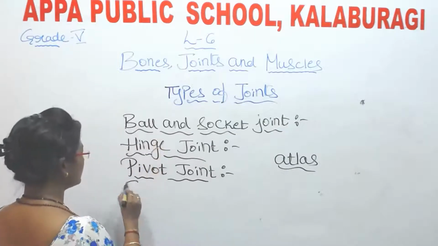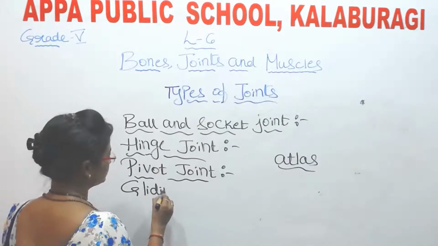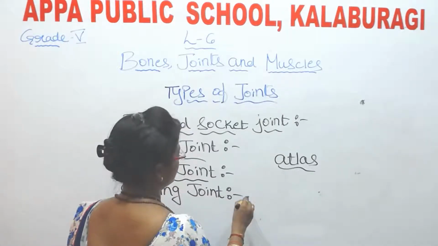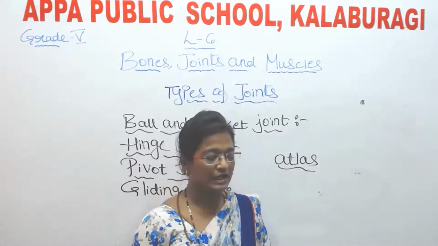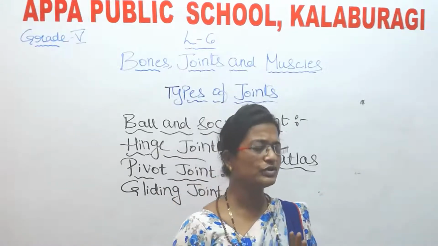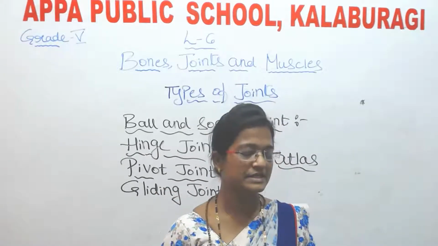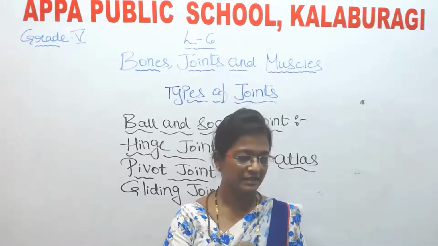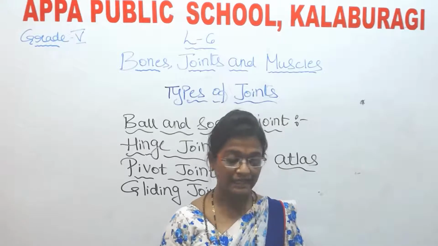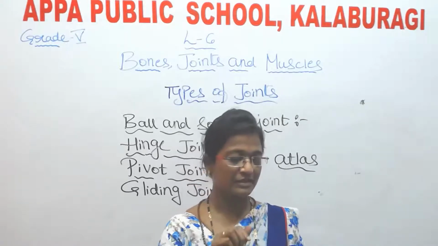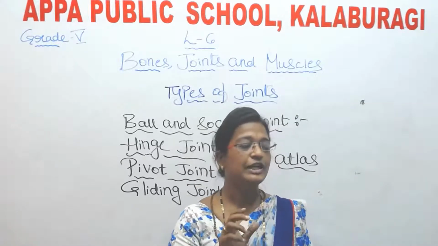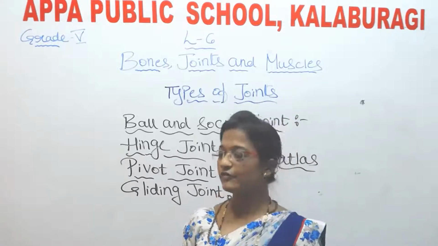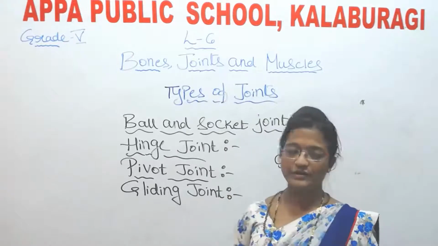So now the next joint is gliding joint. A gliding joint allows smooth and easy movement, isn't it? We can easily turn our wrist and ankle, and even bend them very easily. This is because of the gliding joint, right?